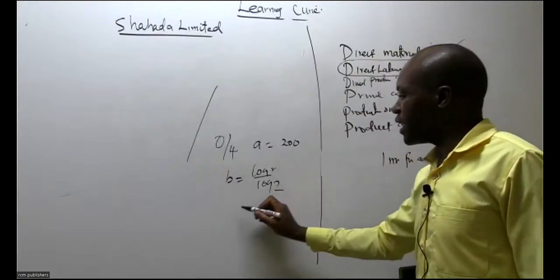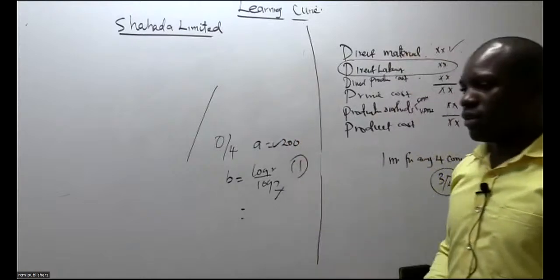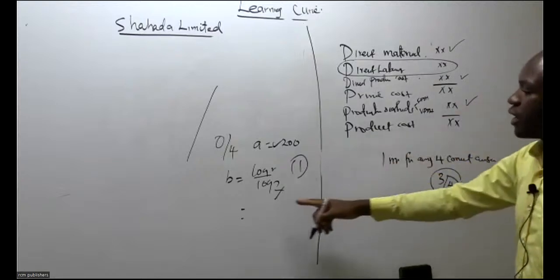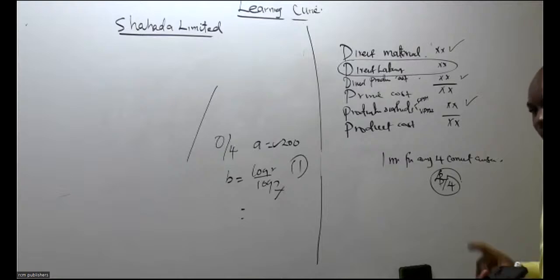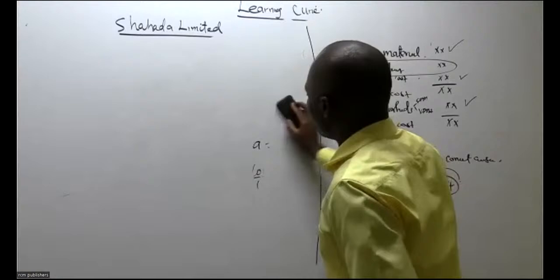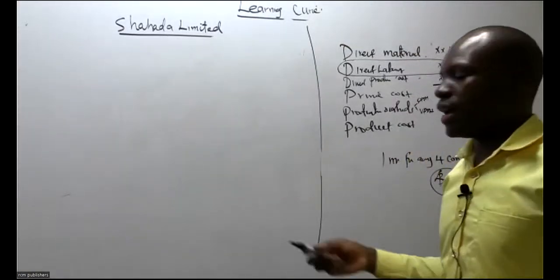Calculate it and get the value of B. By just doing that, you'll have 1 mark. If you add that 1 mark to this, even without getting the correct answer, you already have your 4/4. That's the strategy which we need to follow, and try to attempt at least all the questions.